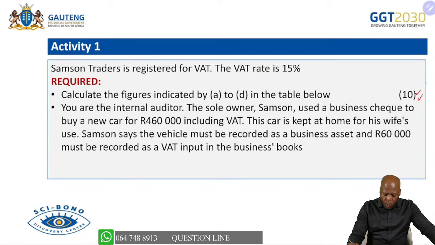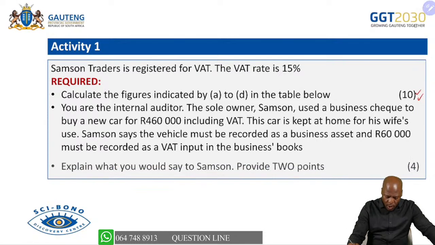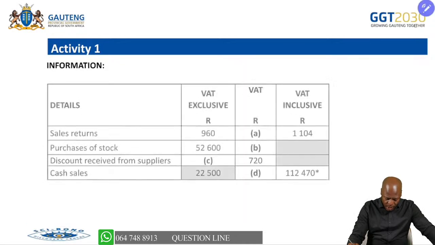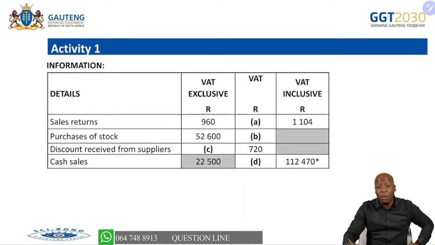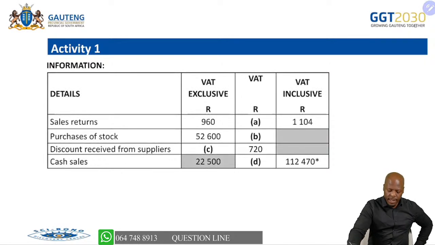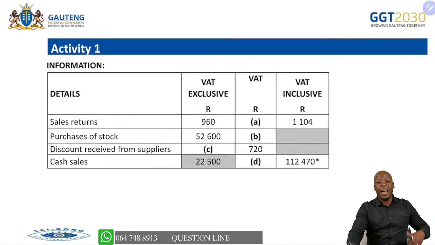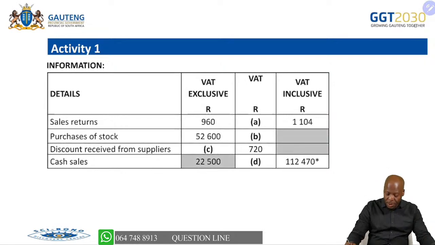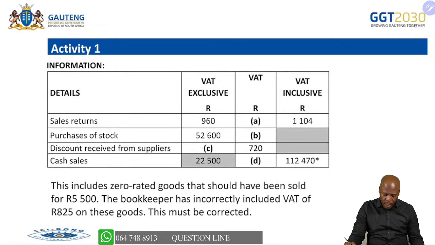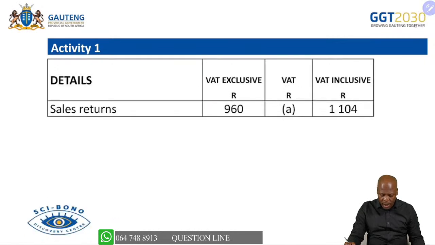And then we are going to answer this as we go. Explain what you do to Samsung. Let's quickly now go on to activity number 1. This is the table that we have been given. Let's see now if we are able to calculate A to D. How can we calculate A up to D? Let's quickly go. And there's additional information that has been given.